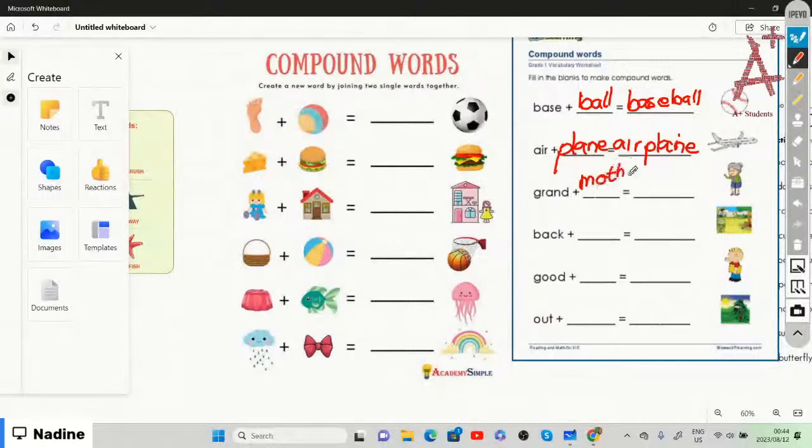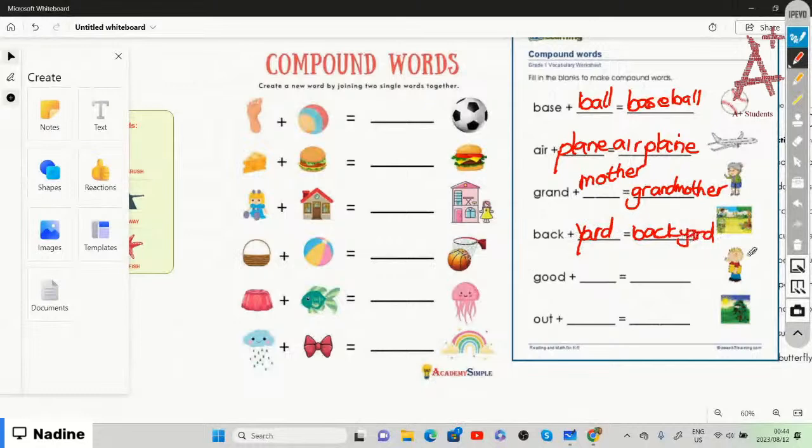We can say grandmother or grandma, but grandmother is a compound word. And then we have back plus yard. These are the two smaller words, and if we create the bigger word, the compound word, we have backyard.